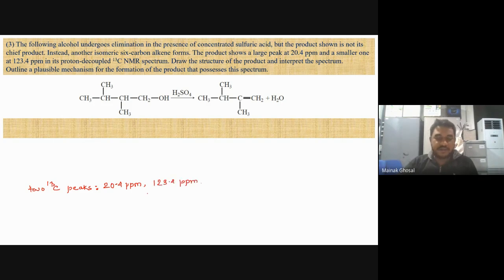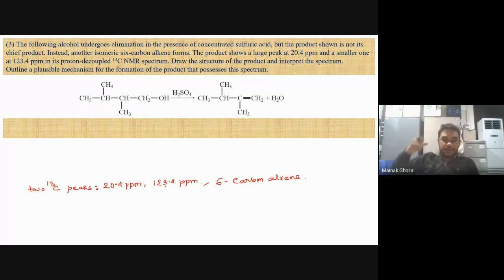Also your compound is a 6-carbon alkene, right? And this alkene is produced from this alcohol.